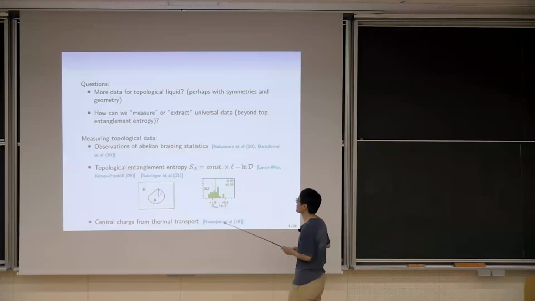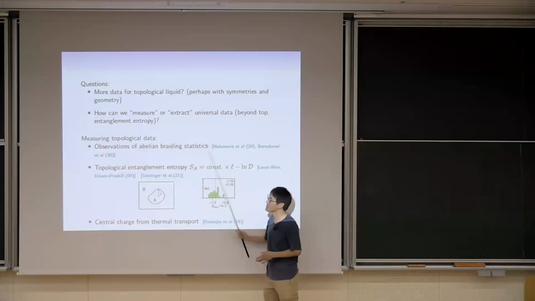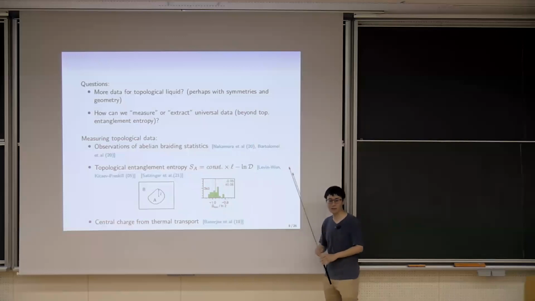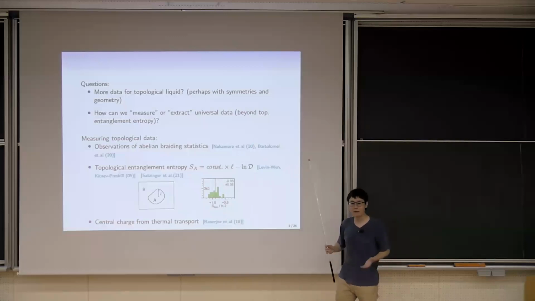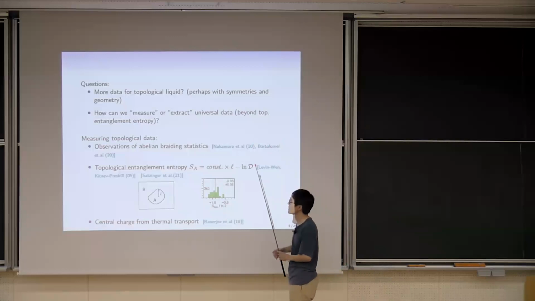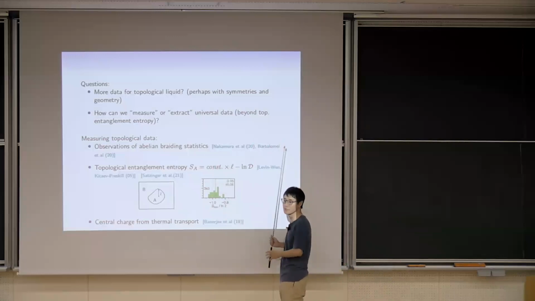And it is actually only very recently that people measured abelian braiding statistics in these experiments. So that's relatively recent. Fractional charge, for example, has been measured much earlier, but braiding statistics, when it comes to down-to-earth experimental measurement, is only very recent.